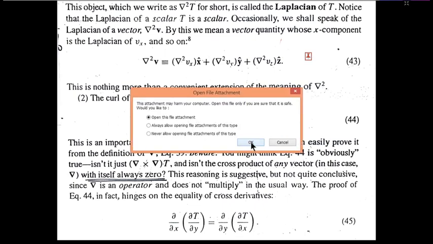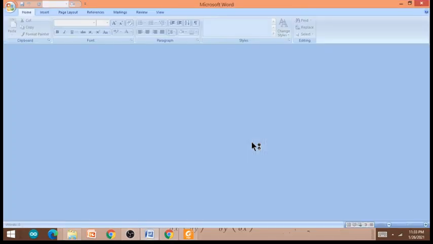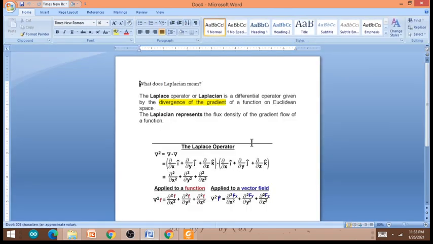And therefore let me open up this file and note, so we can have an idea of what is meant by the Laplacian. Laplace operator or a Laplacian is a differential operator given by the divergence of a gradient. Divergence of a gradient, that is del dot del t, of a function on a Euclidean space.